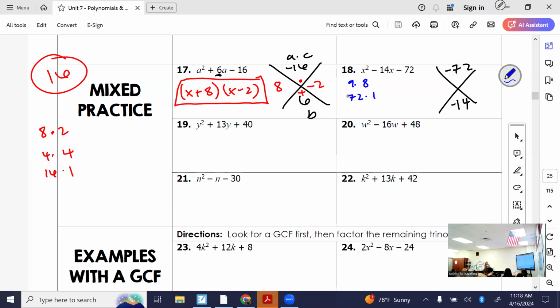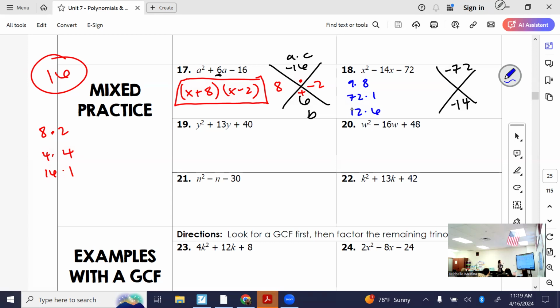Seventy-two and 1 for sure will not work. Let's see what 72 divided by 2 is, I'm pretty sure that won't work either. Yes, 12 times 6. I don't think I'm good at my multiples of 12, so let me check that, okay? Now, if I were to plug this in, is there any way I can play around with a negative, because it multiplies to give me a negative?